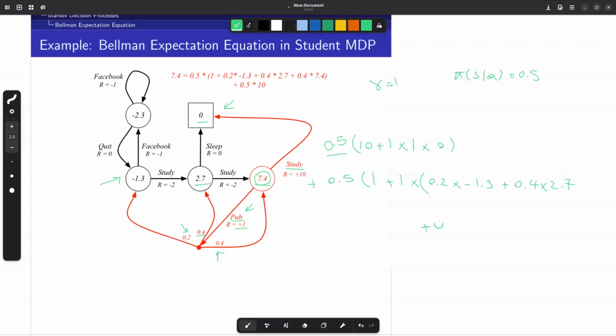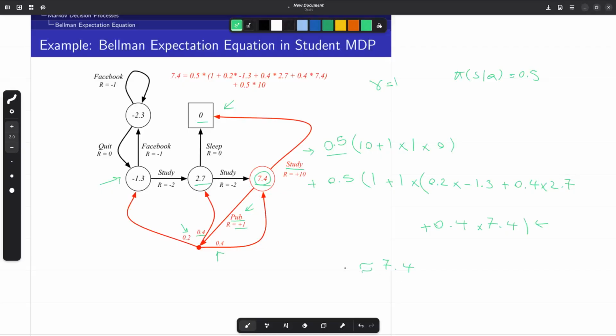So 0.4 times 7.4. So if you calculate this value from here to here, you would get approximately 7.4.